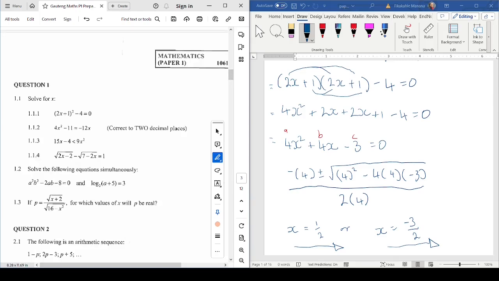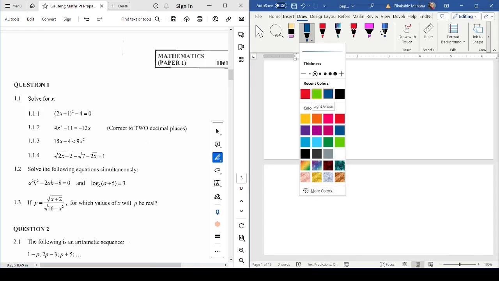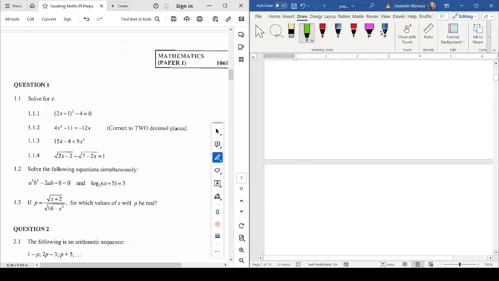We're still in question number 1. And just to use a different color because I like using different colors, so let's go 1.1.2. We've got 4x squared minus 11 equals minus 12x.